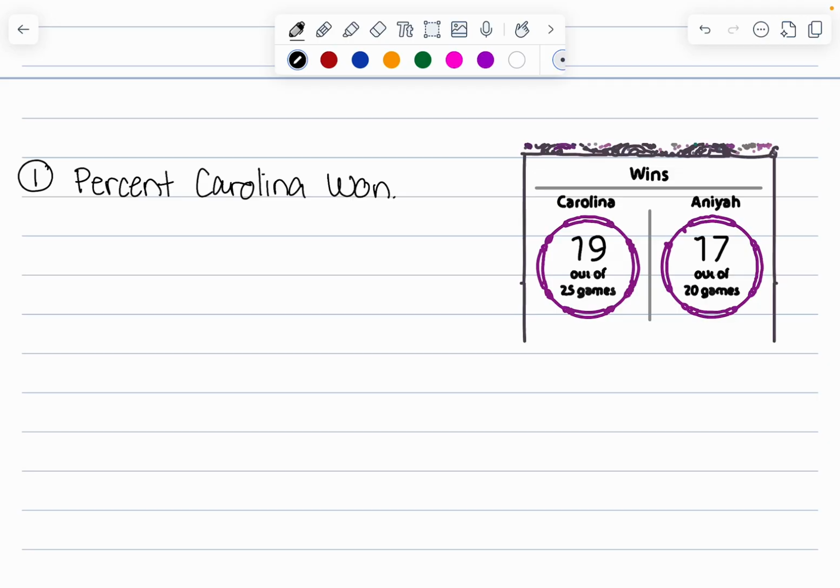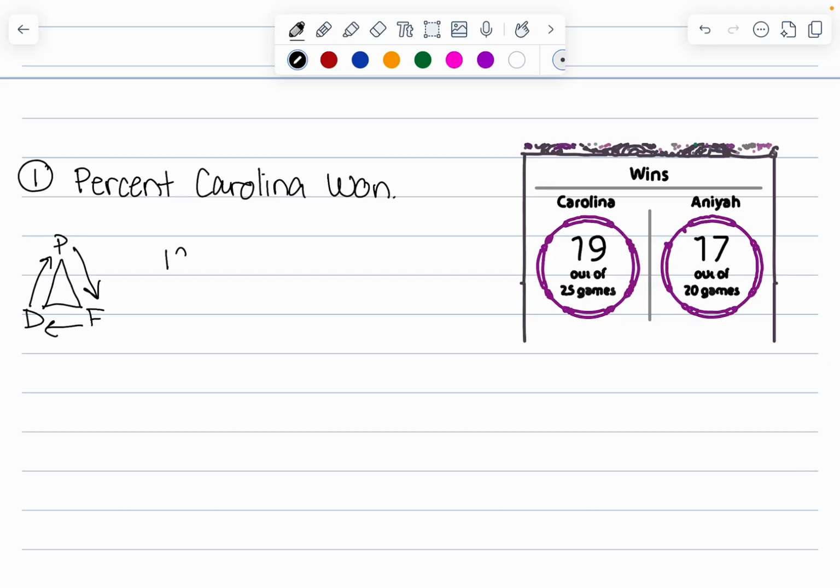We can use our conversion method when we go around our triangle. Okay, so if percent is on top, we got fraction, and then we have our decimal, and we go around clockwise. They give me a fraction, and I want to turn it into a percent, so I'm going to go fraction to decimal, decimal to percent.